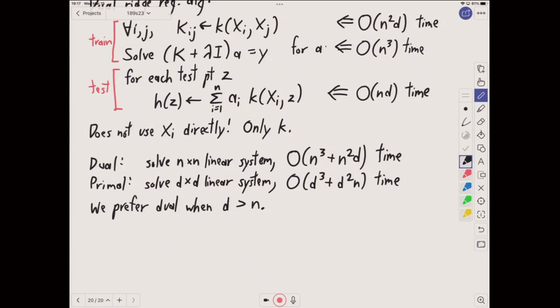I can't be too categorical about that being a bad thing. For the kernel trick to work, you need to use the identity matrix in that linear system of equations, and I don't know any way to change that. Yeah, that's the bottom line.